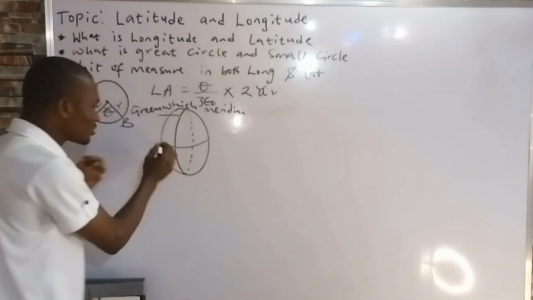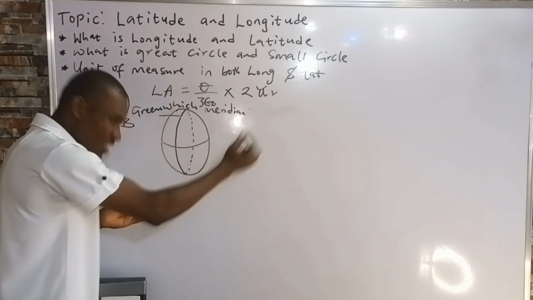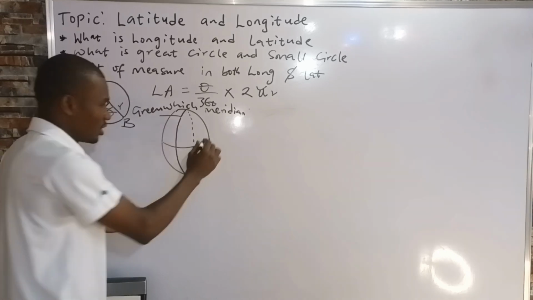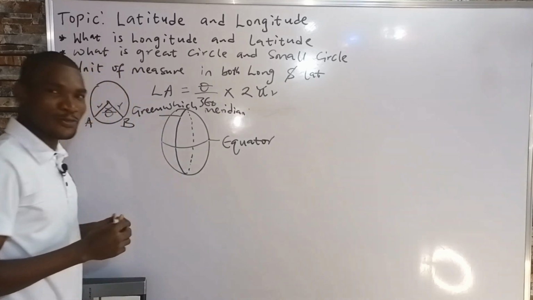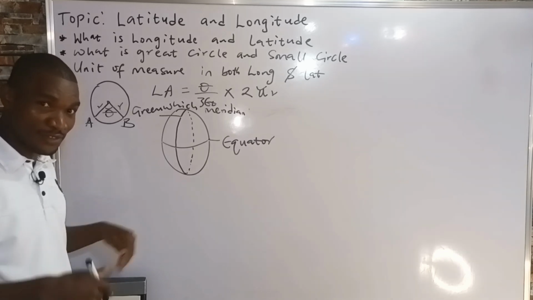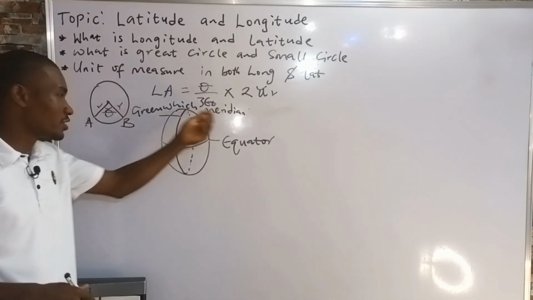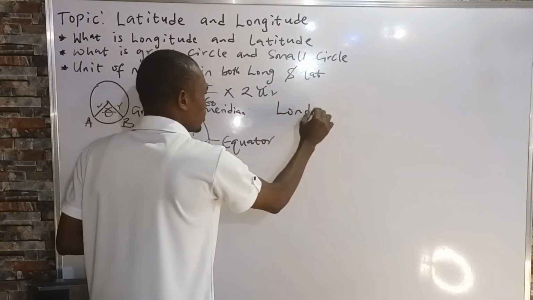Then for this horizontal cut, if it was cut exactly at the center of the sphere, it is called the equator. The equator. And don't forget that there is a part of this Earth where you and I are living. That's Greenwich meridian. There is a particular city located there, which is London.